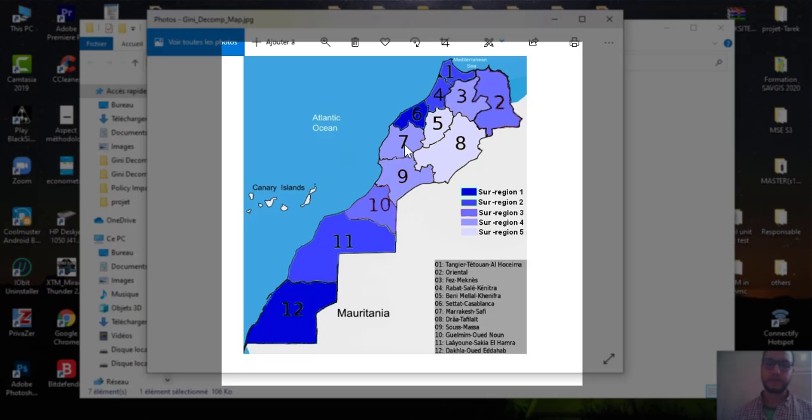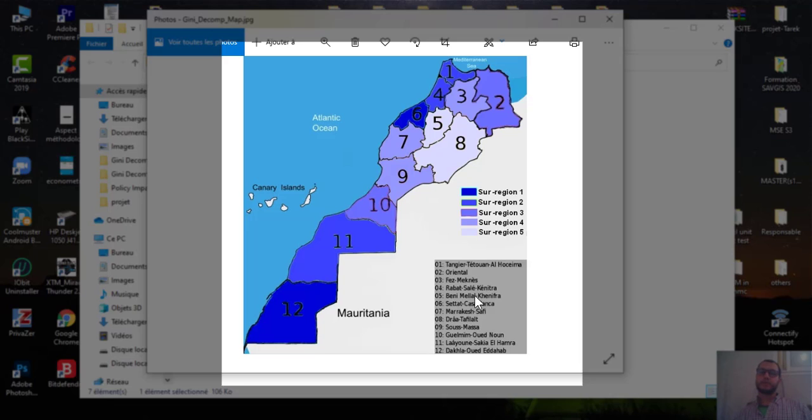So what I did is I took the 12 Moroccan regions, and I have created 5 sub-regions to decompose the Gini, because in Morocco we don't have the sub-region data. For example, this is the 6th region called Casablanca Settat.